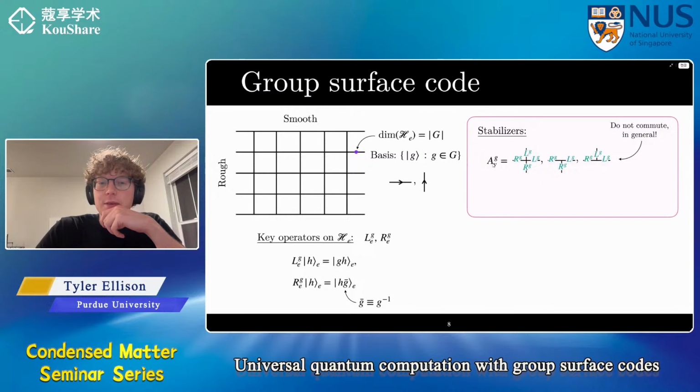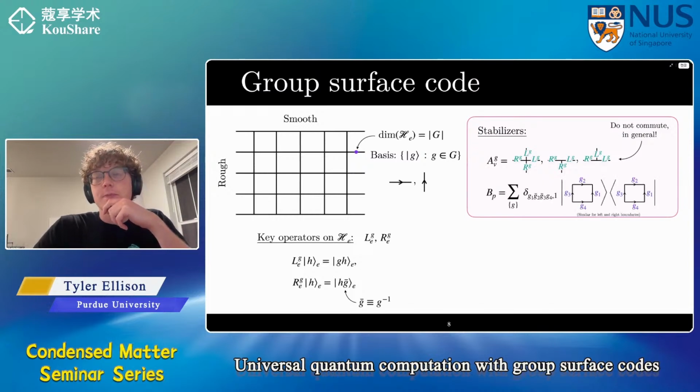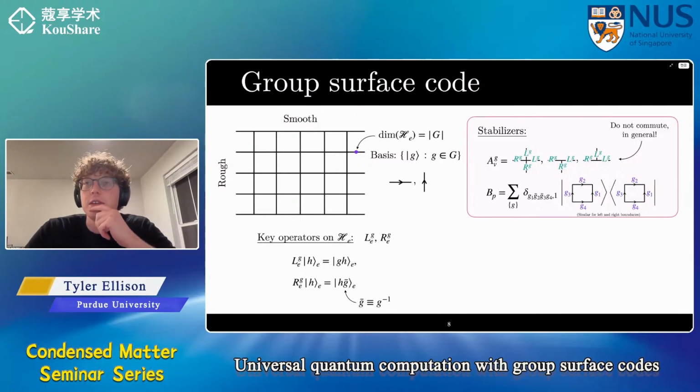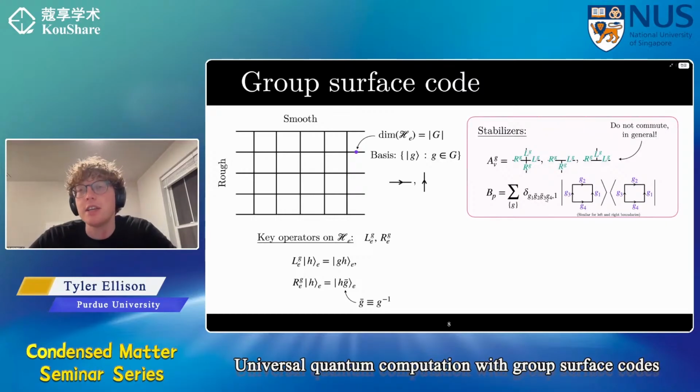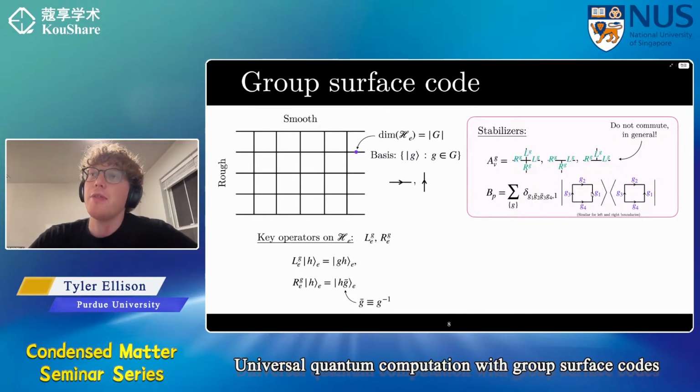The second type of stabilizers that we have are plaquette stabilizers. These project onto states such that the product of group elements around the plaquette is equal to 1. Here, this product is taken according to an ordered path, and whether it's g or g inverse depends on the orientation of the edge.